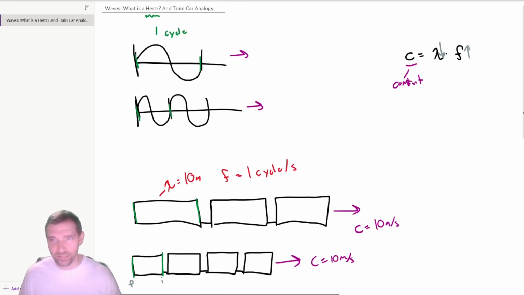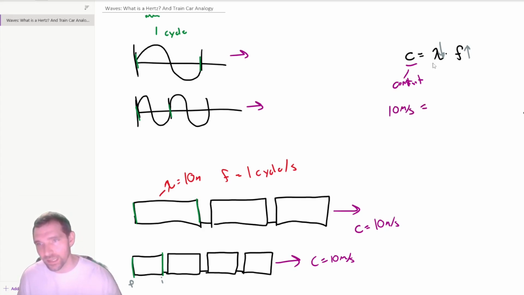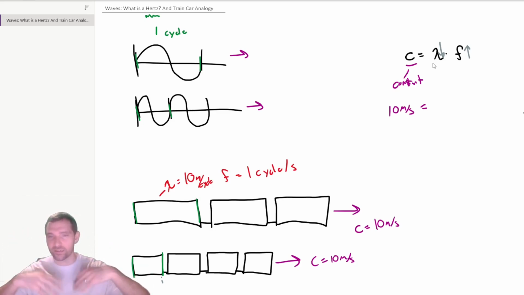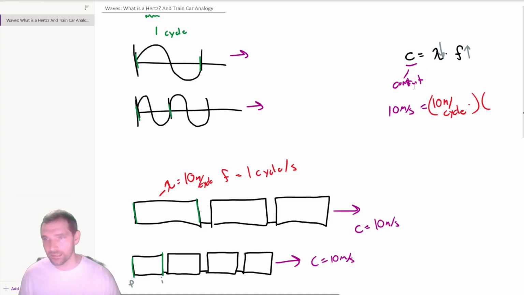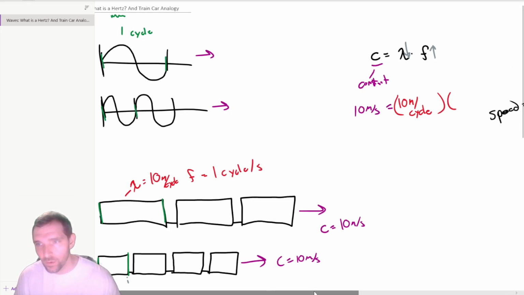And we can do that in the formula here, where we've got our 10 meters per second, and we've got a wavelength of 10 meters per cycle. Typically, it's not written per cycle, but it helps to think about a train car as a cycle with the analogy of the waves. So we've got a wavelength of 10 meters per cycle, and this is being multiplied by a frequency of 1 cycle per second.